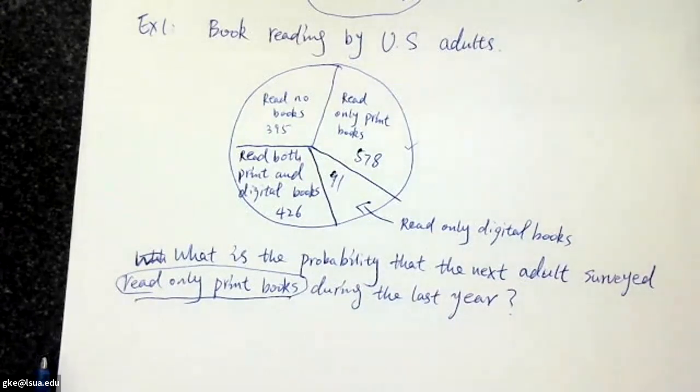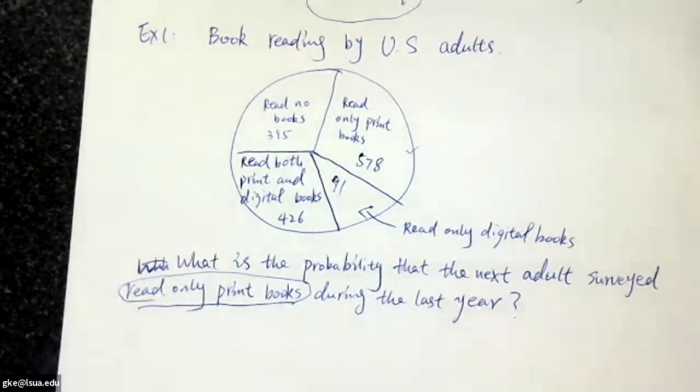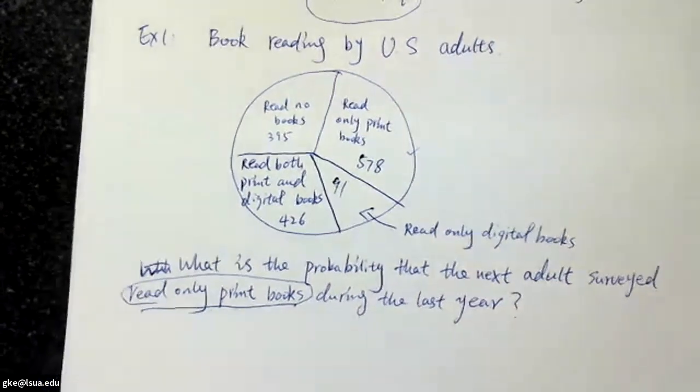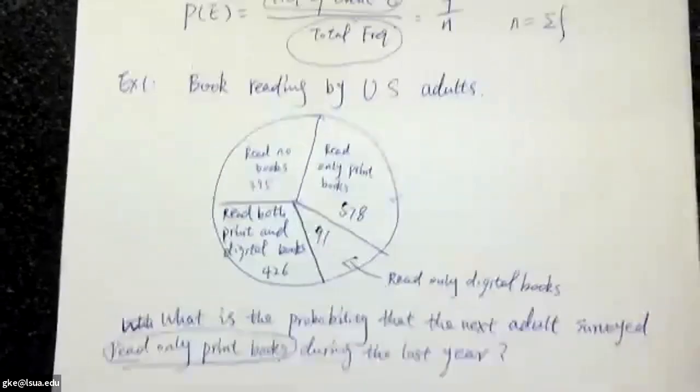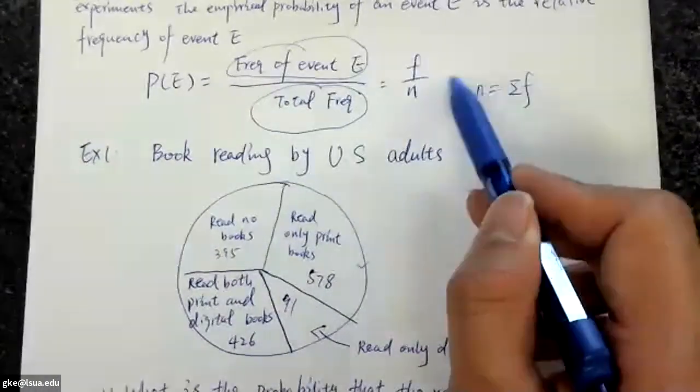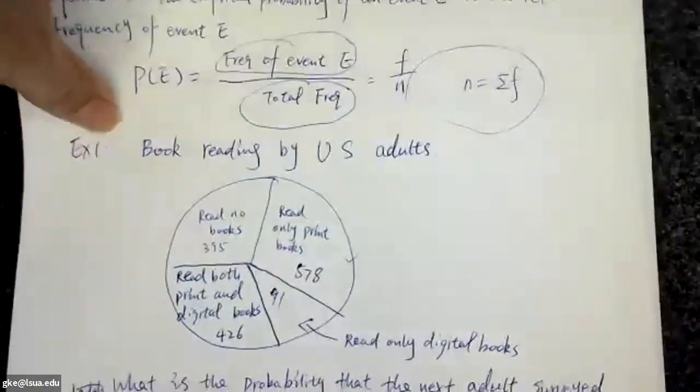How to calculate the total frequency? You just add it all up. Good job. Just add all of them.